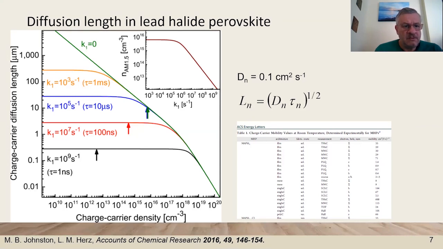So it can vary from 1 nanosecond to 1 millisecond. And then the diffusion length in micrometers will vary from 1 to 100 approximately. So this is a long diffusion length, so that when it is longer than the solar cell thickness, we will have a very good charge collection.